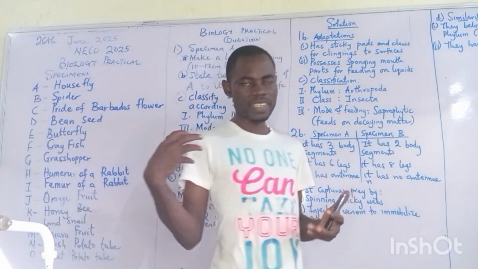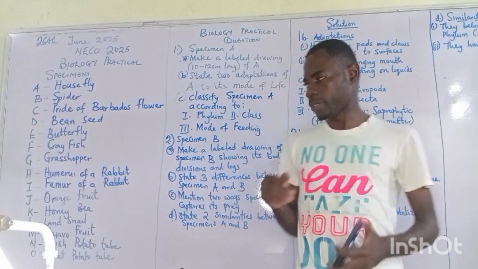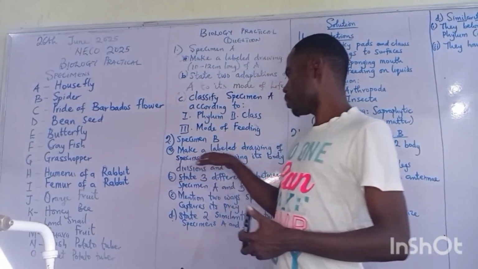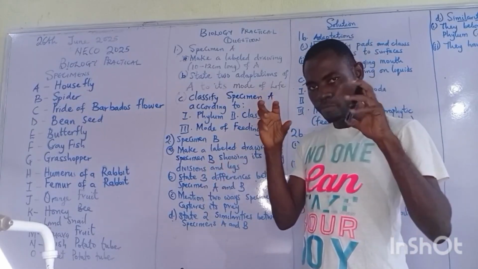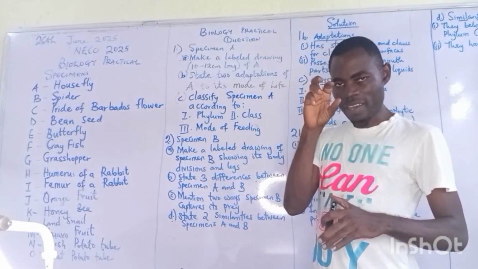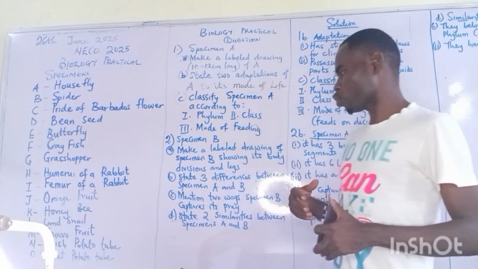You will see this diagram on your screen. That body division is a point of attraction. That's what is catching in the diagram, that's why they want you to show us.